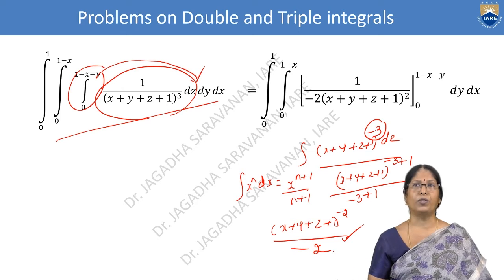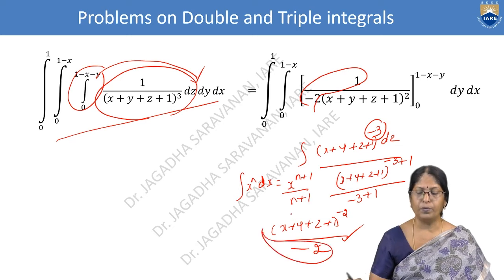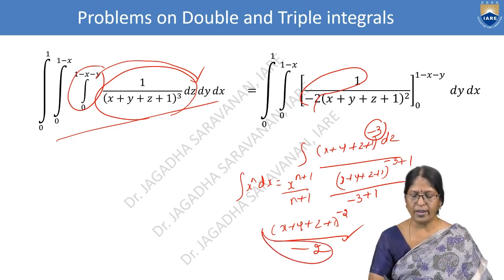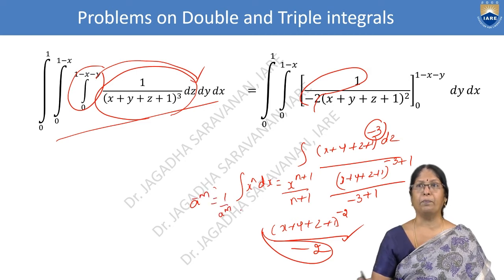This is the result we got, minus 1 by 2 times (x + y + z + 1) power minus 2. We know a power minus m is nothing but 1 by a power m.